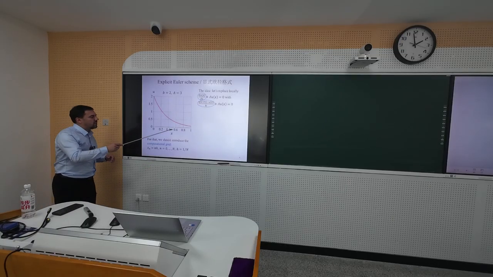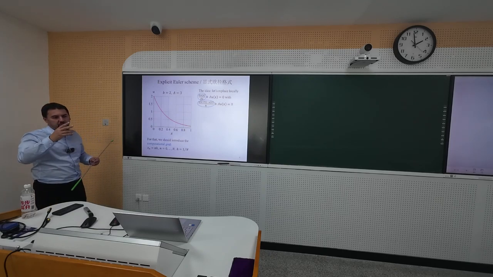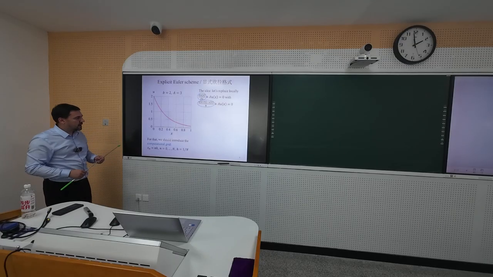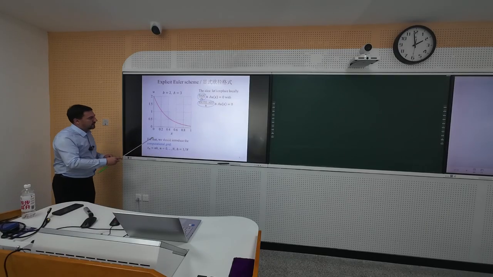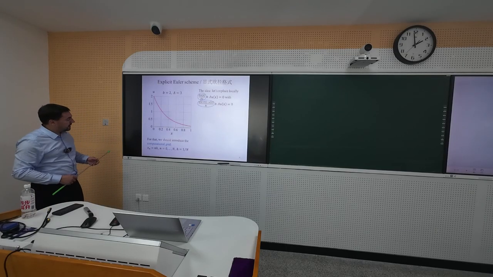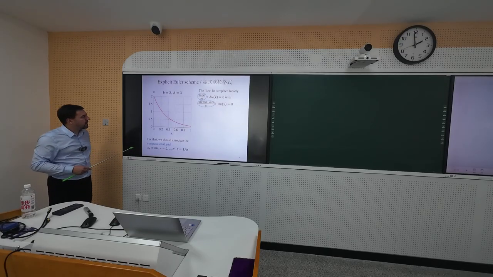For example, if we know that in some region we have very sharp changing of our function, we can consider a more detailed computational grid. But suppose that the computational grid is uniform. So h equals 1 over N, where N is the number of segments into which we divide our segment from 0 to 1. So xn are the coordinates of our nodes.